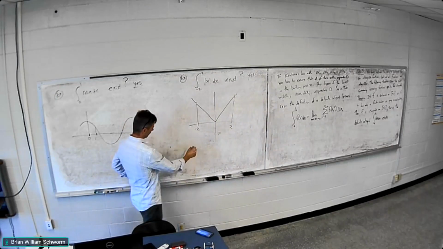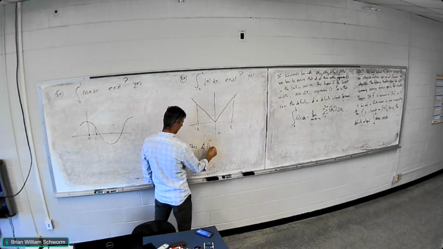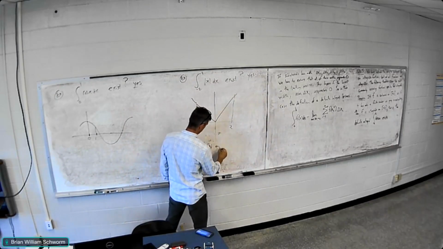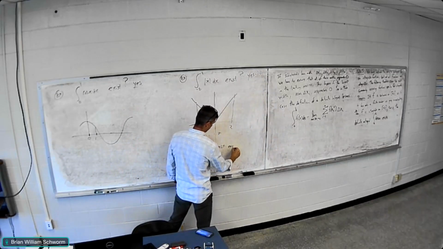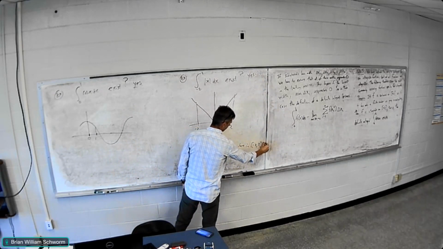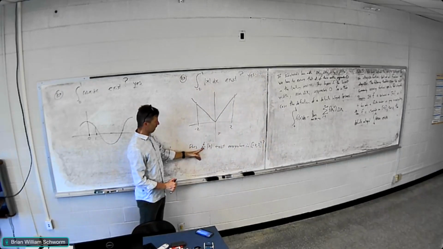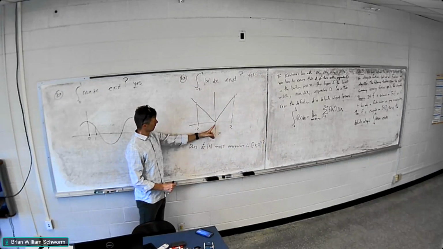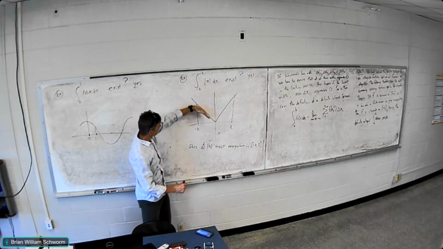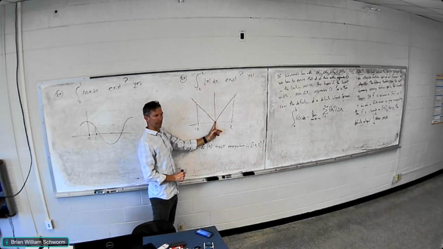By the way, as a side note, does the derivative of absolute value of x exist everywhere in the interval -2 to 2? We just said it's integrable because it's continuous. But does the derivative exist everywhere? The answer is no, because of that point right there. It'd be differentiable everywhere else, but not right there at x equals 0, because of that sharp point.